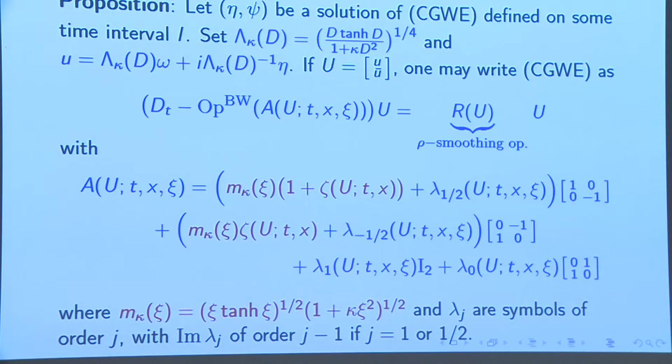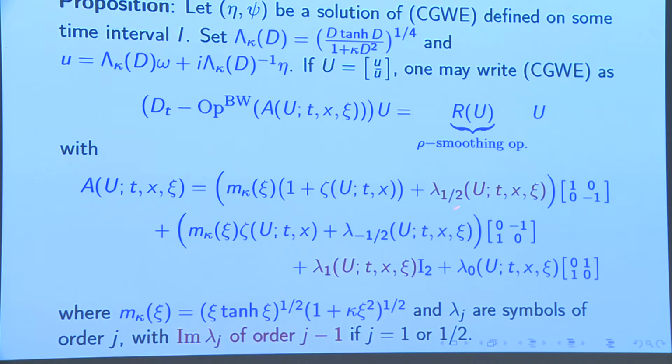Then you have also contributions of positive but lower order, namely lambda 1/2 of u times some matrix, and lambda 1 of u times the identity matrix.